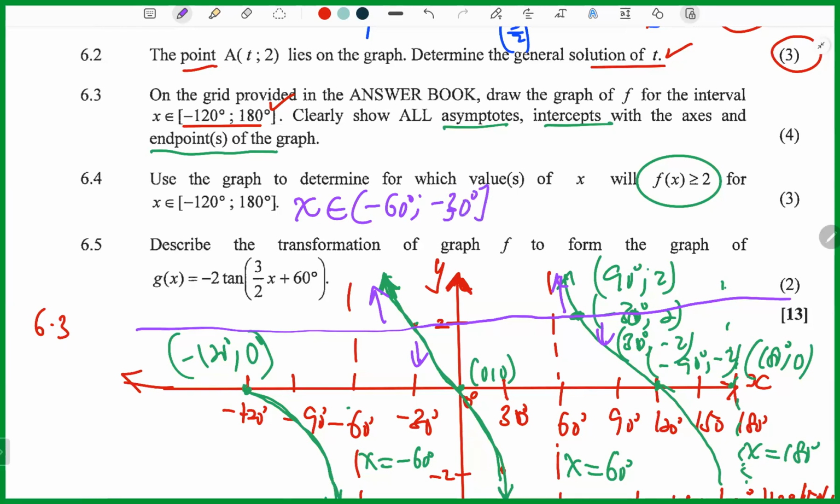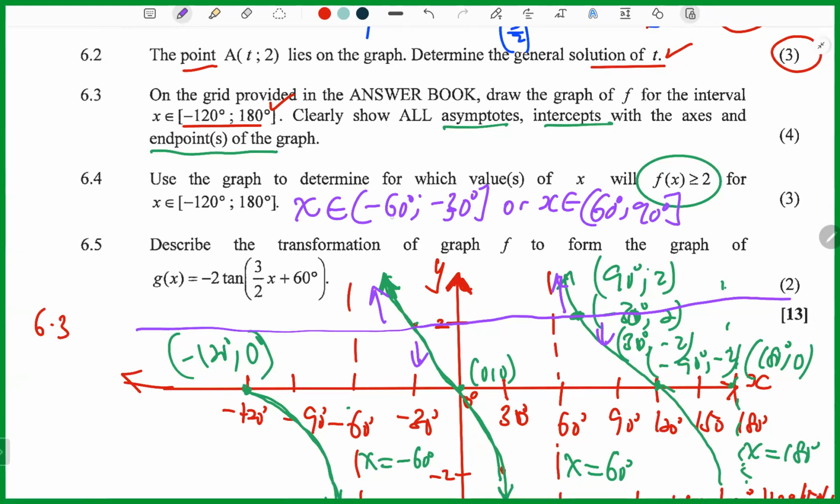And then for x, now here it's going to be 60 degrees, between 60 degrees and 90 degrees. Right, so these are the two intervals.